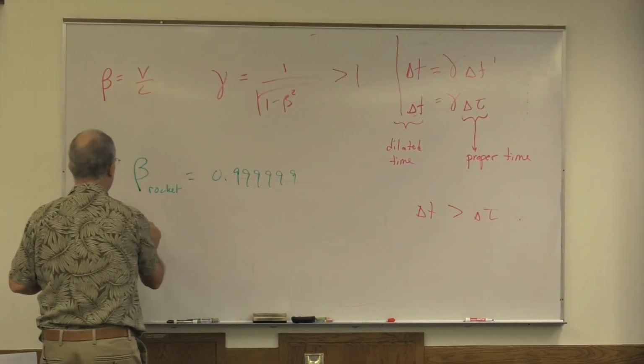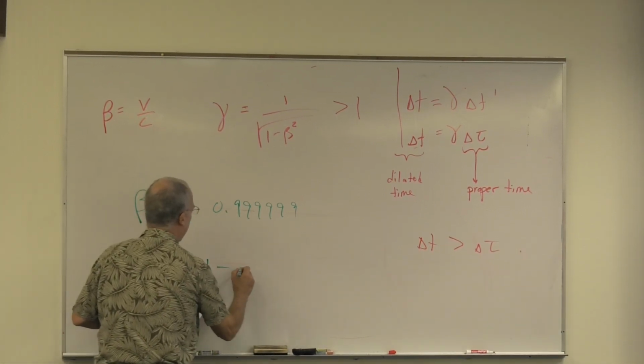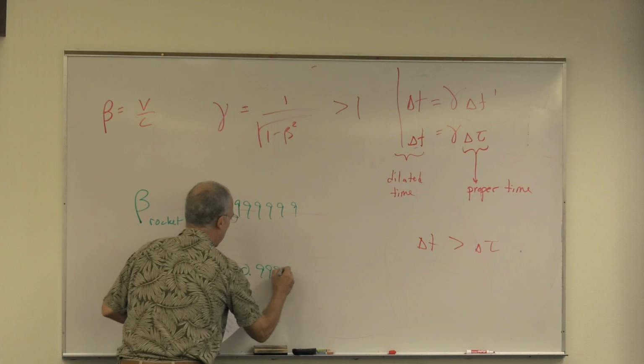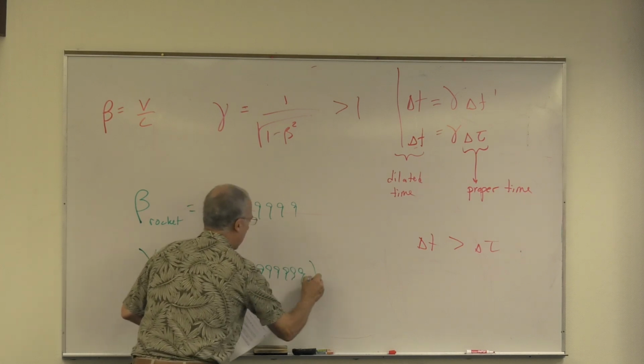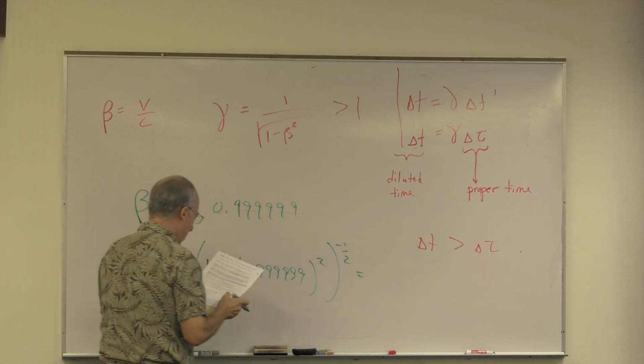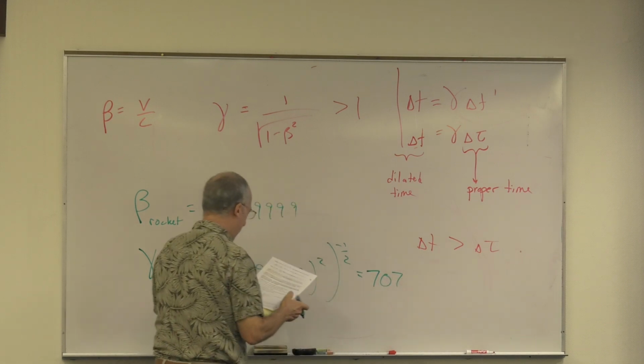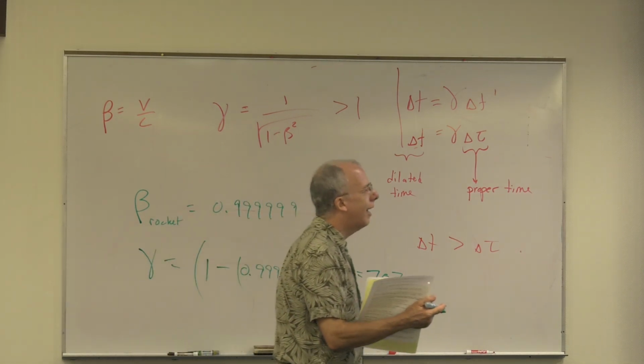So you plug it into the gamma formula, and I promise you, that would be (1 minus 0.9999999 squared) to the negative 1/2 power. So that's gamma. You get about 707. Okay? So what does that mean?